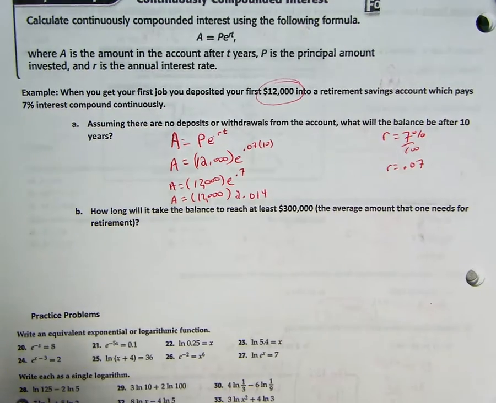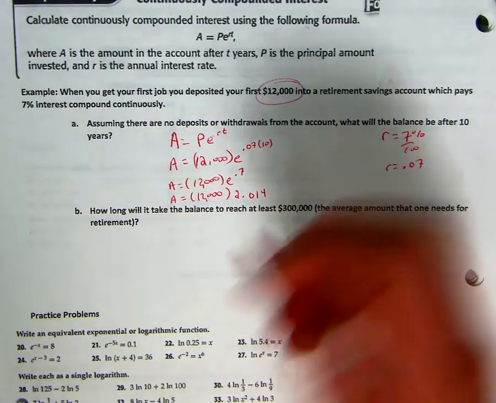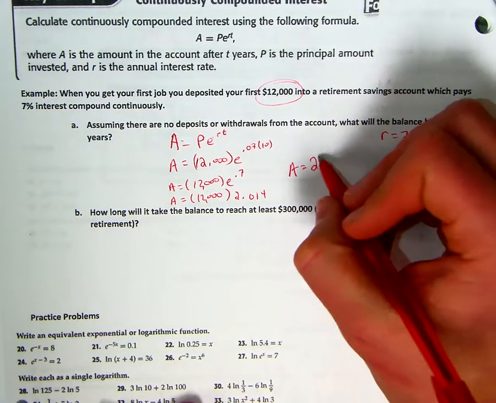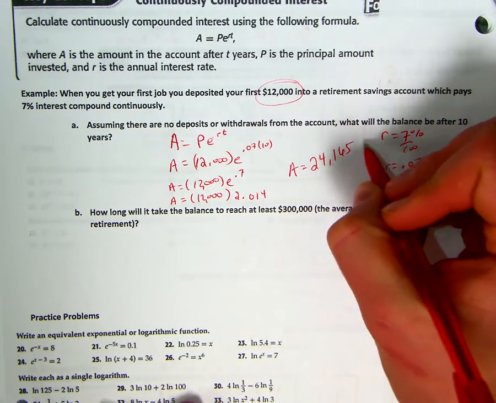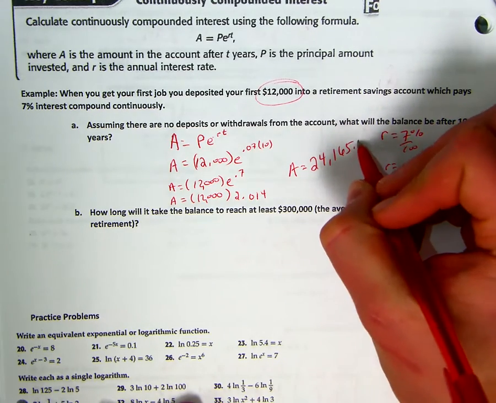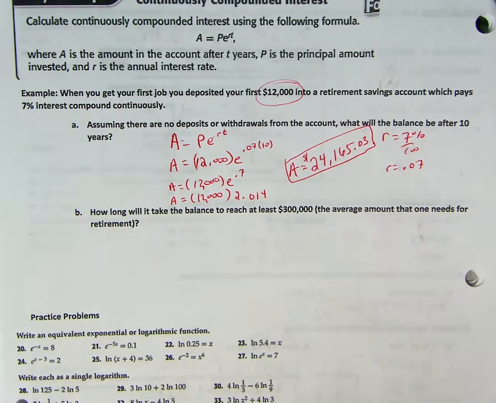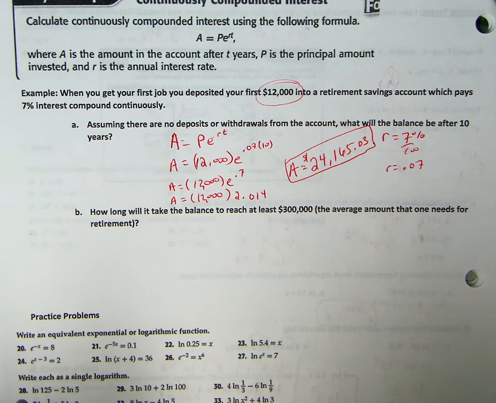And you're going to multiply that with 12,000. So A equals roughly $24,165.03. All right. So after you invested $12,000 into your retirement fund at a 7% interest rate, after 10 years you have $24,000 in there.